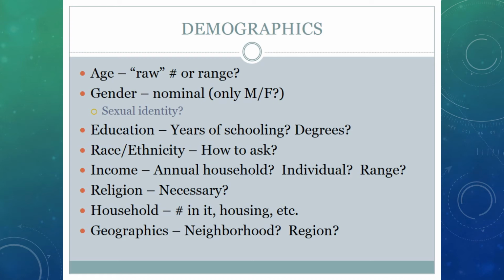Race ethnicity is another difficult area because, for one, there is an increasing population that is biracial in the United States. So how do you get at that? One way I suppose you could ask, similar to gender, is with which race do you most identify?